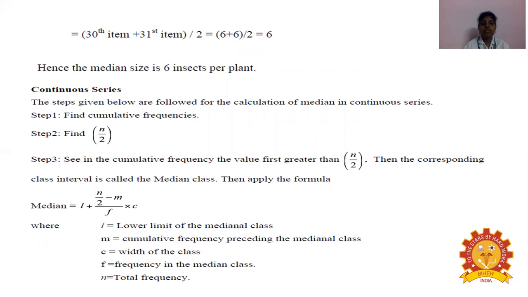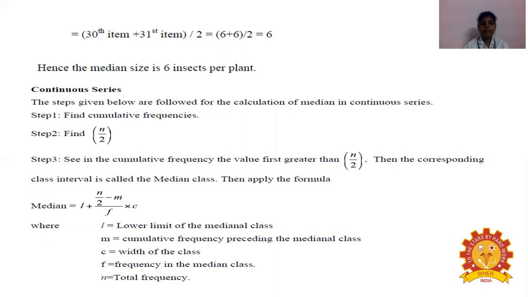In step 3, see in the cumulative frequency the value first greater than n by 2. Then the corresponding class interval is called the median class. Then apply the formula: median equal to L plus (n by 2 minus m) divided by f into c.